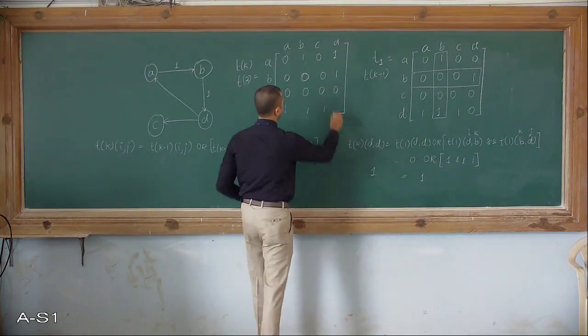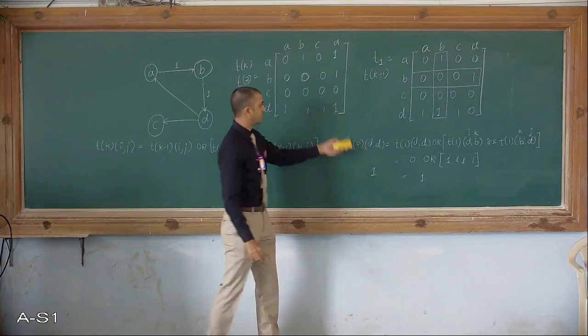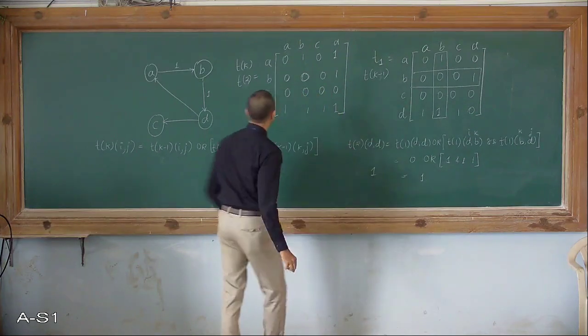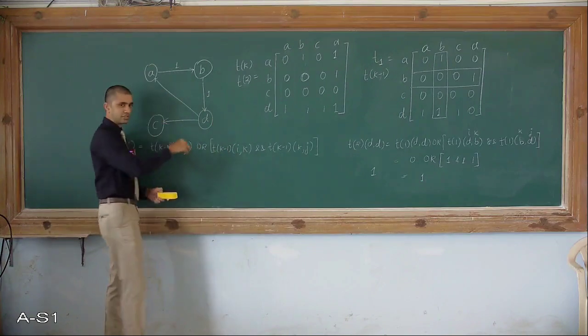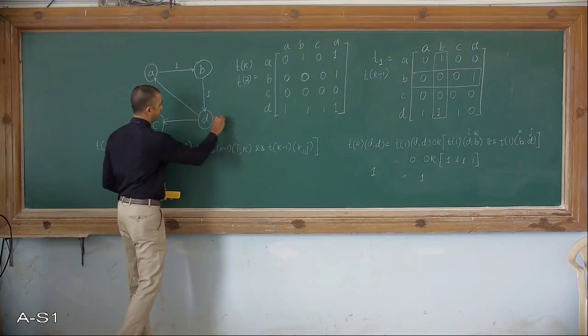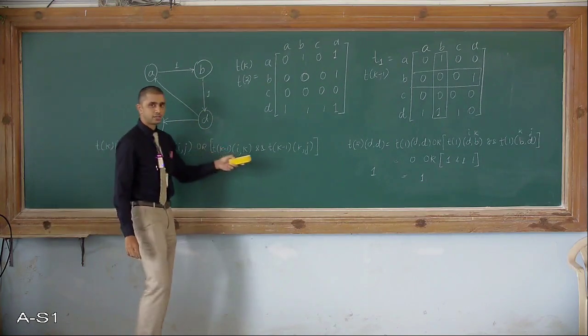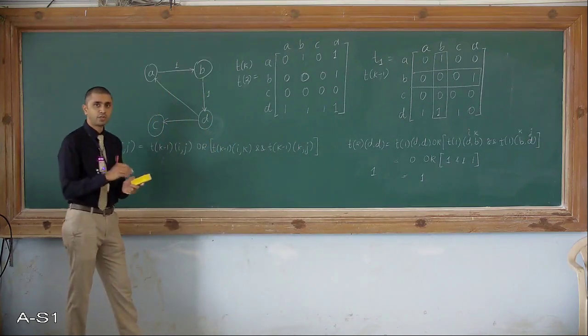D to D, inside the T2 matrix, I have 1. So even this value 0 got converted to 1. Let's see. Initially D to D, because there is no self loop like this, it was 0. D to D was 0. But using an intermediate vertex, can I reach D again, starting from D and ending at D?